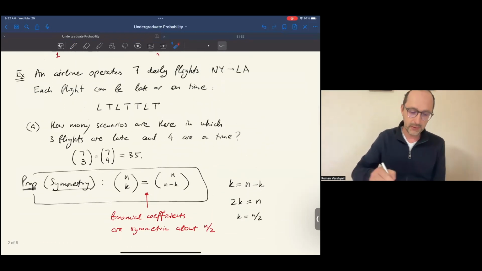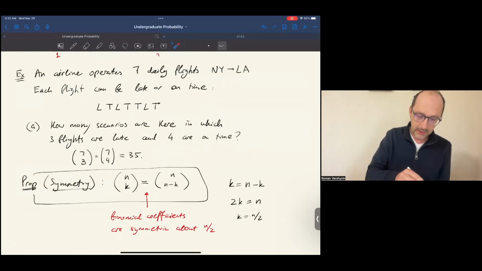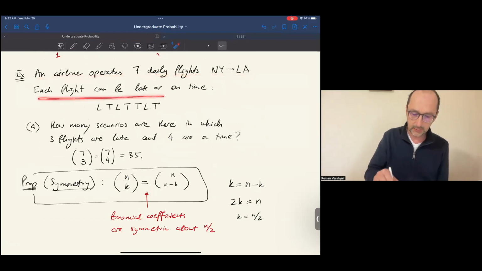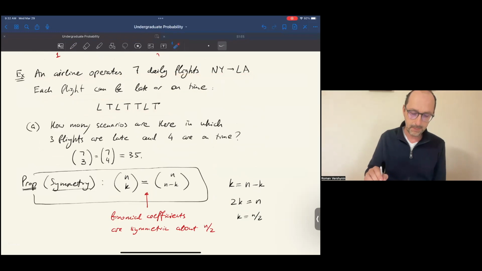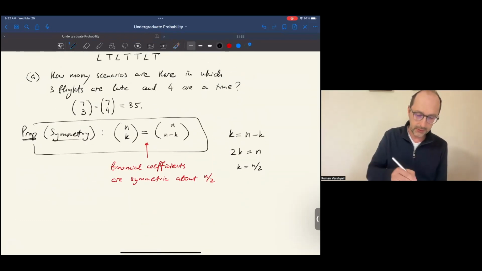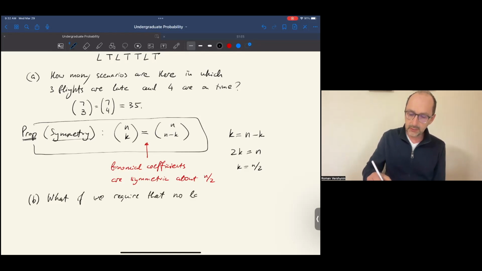Back to our example with the airline. Again, an airline operates 7 daily flights. Each flight can be late or on time. We would like to have 3 late and 4 on-time flights. What if we make an additional requirement that no late flights can be consecutive?